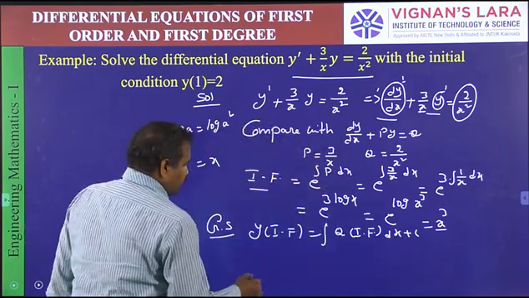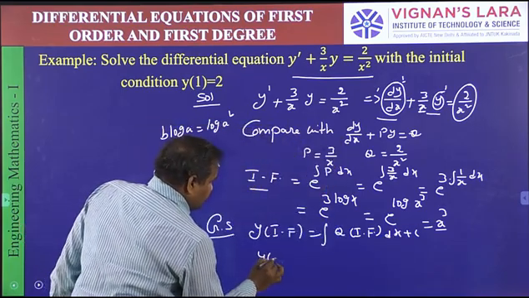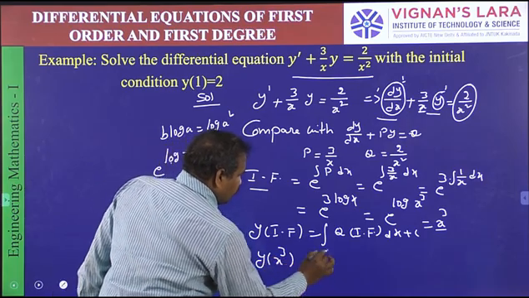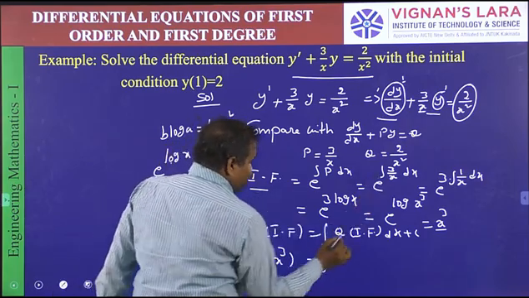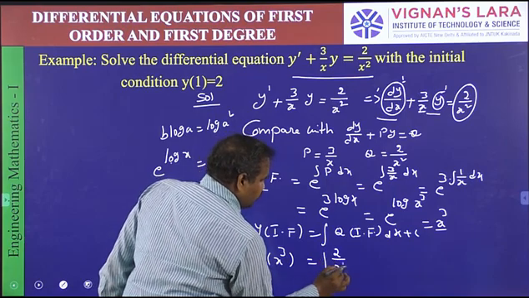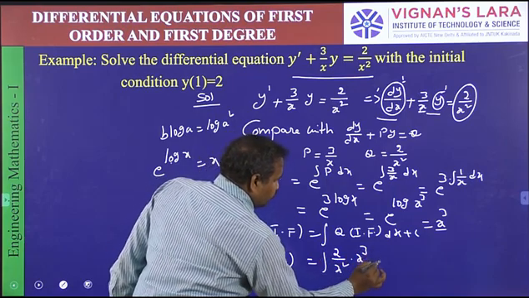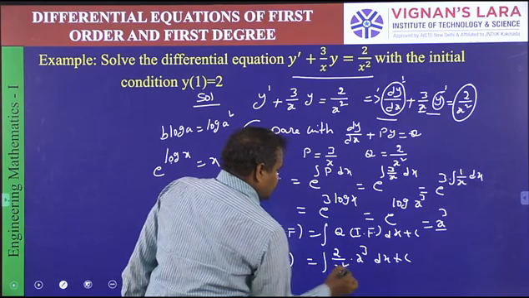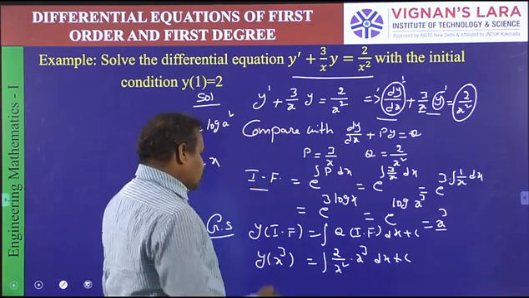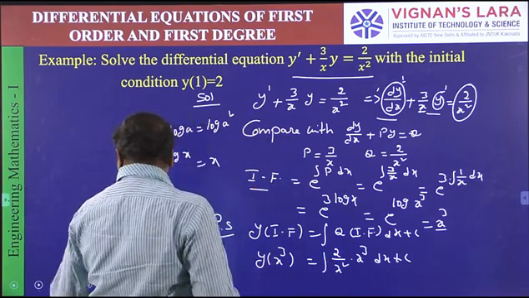y into the integrating factor value, which is x cube. What is the value of q? 2 by x square into x cube dx plus c. x square gets cancelled, so on the right hand side 2x is remaining.